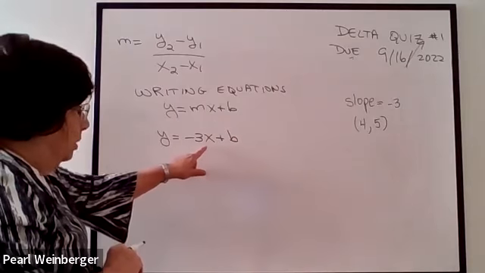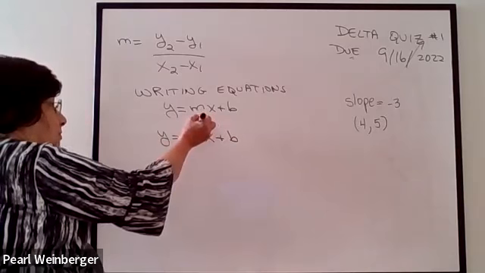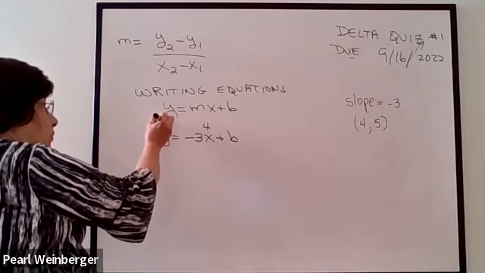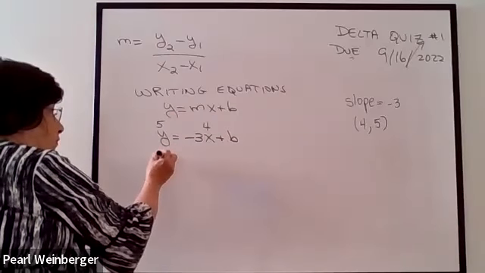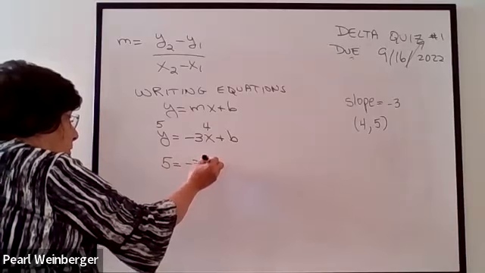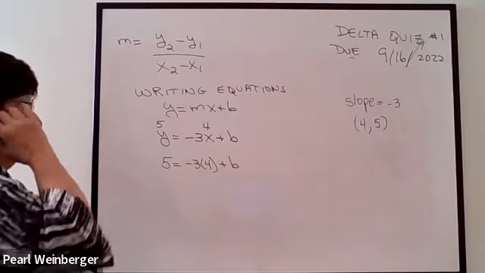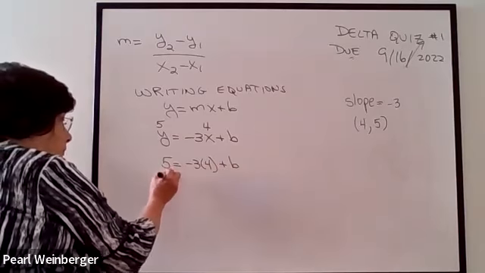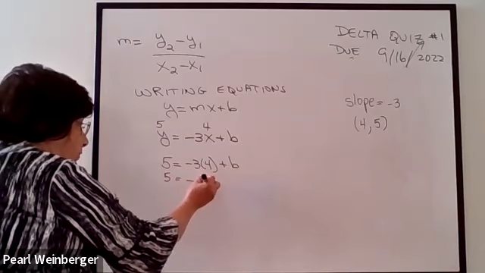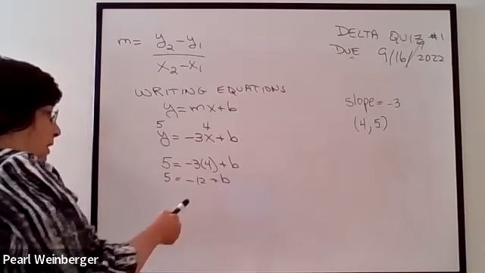So what I'm going to do is in my equation, where I see the x, I'm going to put 4, and where I see the y, I'm going to put 5. And that means that 5 equals -3 times 4 plus b. And now I have to solve this equation. Now -3 times 4 is -12. Be very careful with those signs. A negative times a positive is negative.